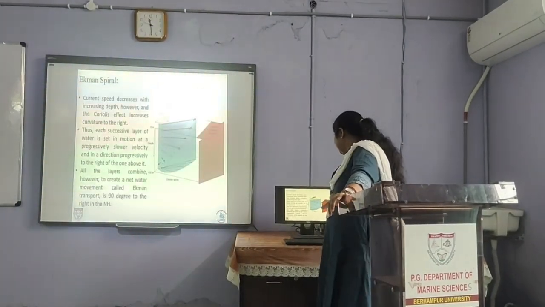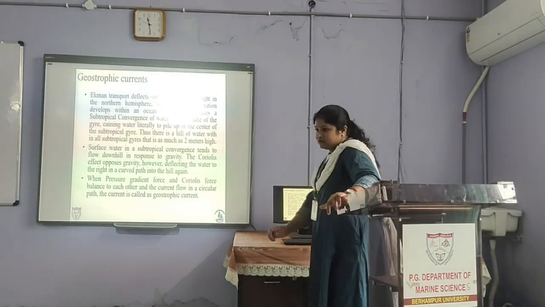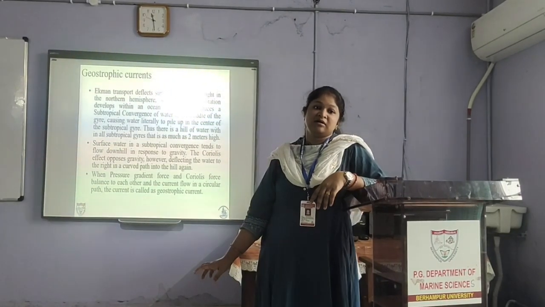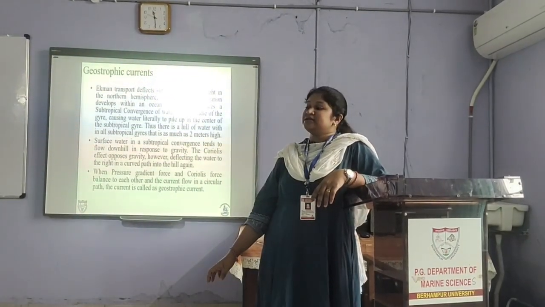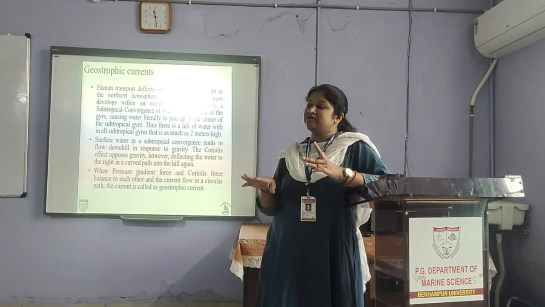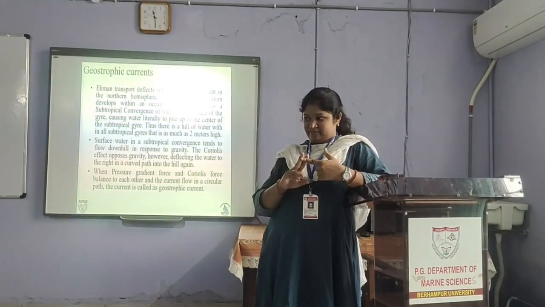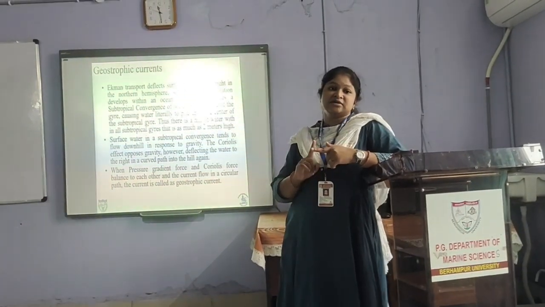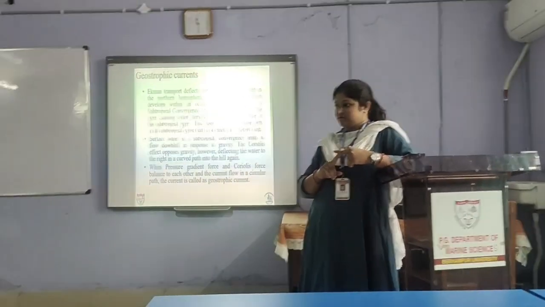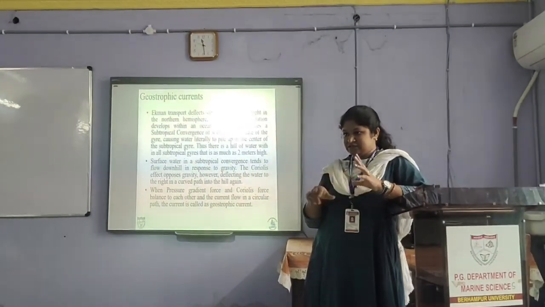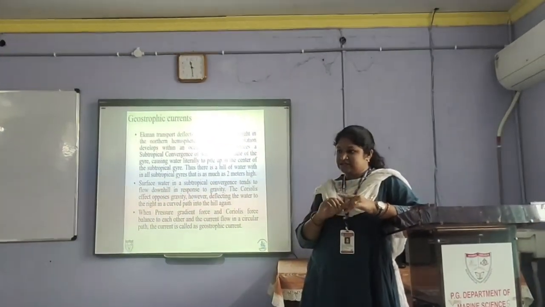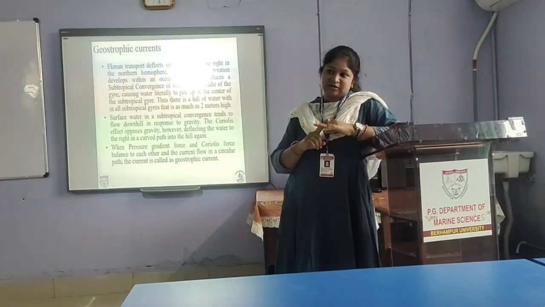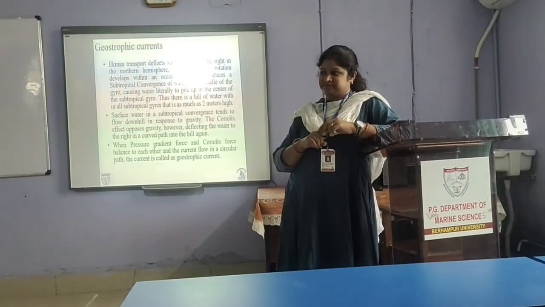So basically, whatever we studied till now, these are all geostrophic. These are all ocean currents because of wind. So these are called surface circulation, surface water circulation, or ocean circulation. There is another circulation. What is it called? Thermohaline circulation.